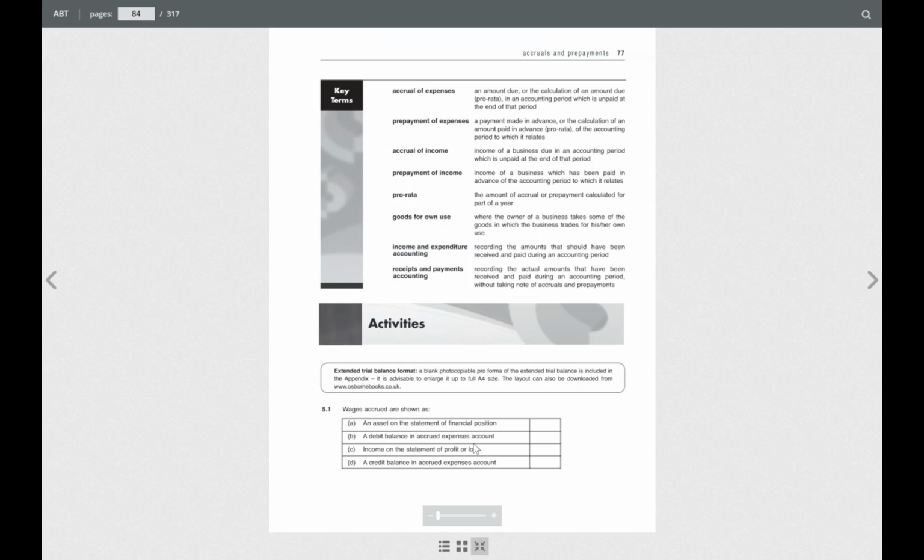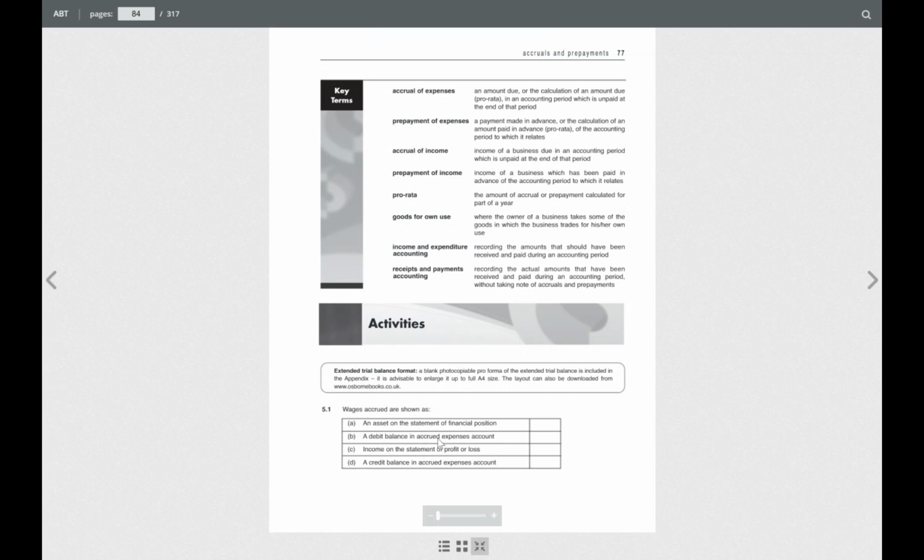C. A, B, C, D. Is A correct or wrong? It says wages accrued are shown as an asset on the statement of financial position. Is that right? No, wages accrued is not an asset, it's a liability, that is wrong. Yes, exactly. Wages accrued is a liability. So the first is wrong. Then B says it shows a debit balance in the accrued expense account.